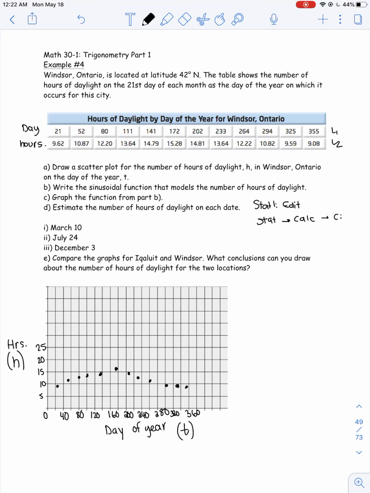Now you want to be really careful about how you enter these values, because if you make a mistake, your equation won't match what I have.